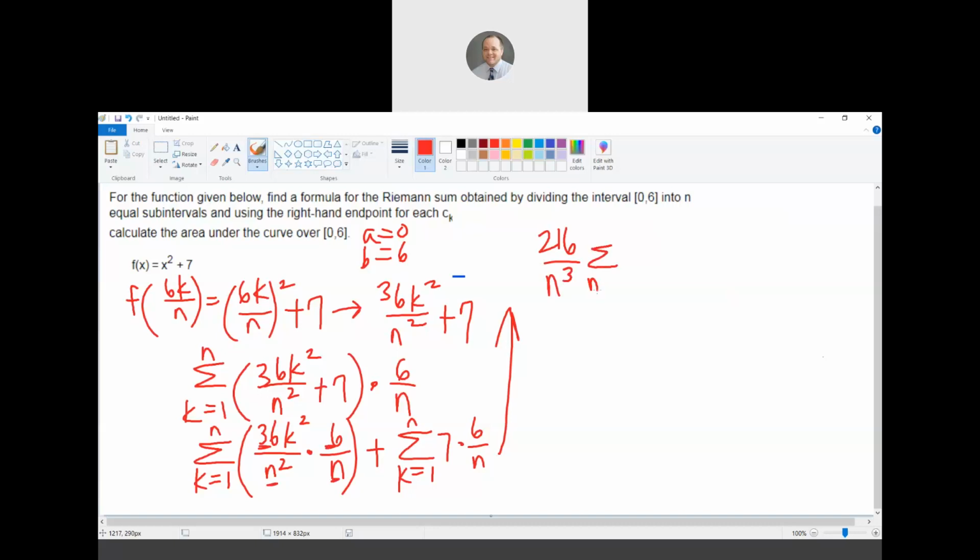Our summation sign, I'm sorry, that should be k down there, of k squared, plus, let's move the 6 over n outside. And we have the sum going from k equals 1 to n of just 7.